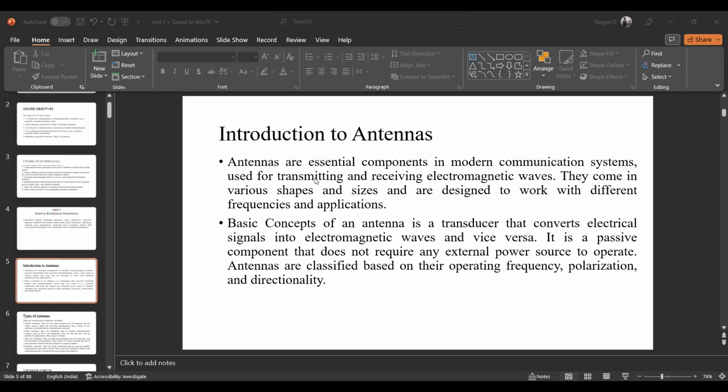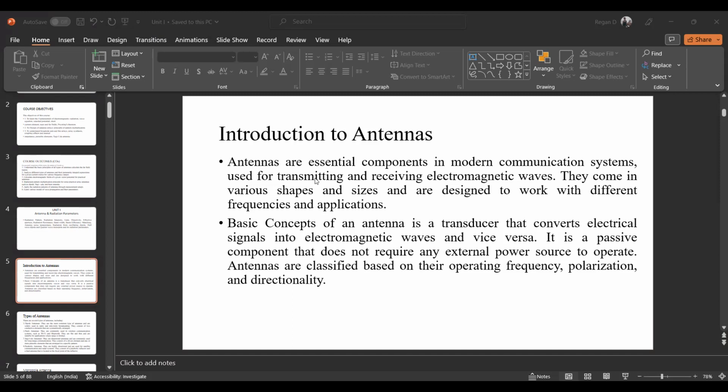For example, we have a mobile phone. In a mobile phone, we have one antenna. Because of that antenna only, we are receiving and transmitting signals. Like that, in many places, we can notice the application of antennas.